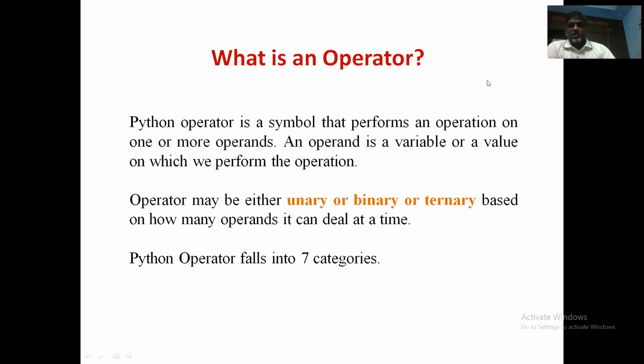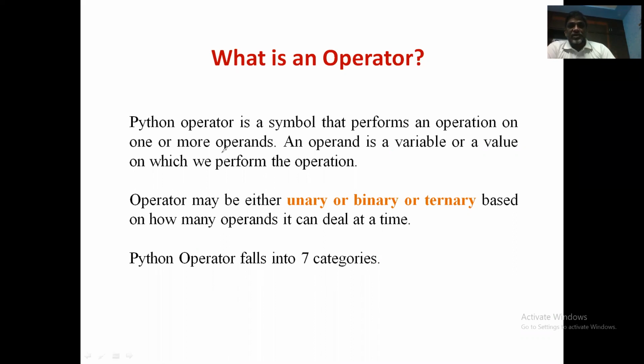Let us start our discussion with a simple introduction to what is an operator. An operator is any symbol in any language. The definition is going to be the same. An operator is simply any symbol that performs a valid operation on one or more operands. So we should understand what is an operand now.